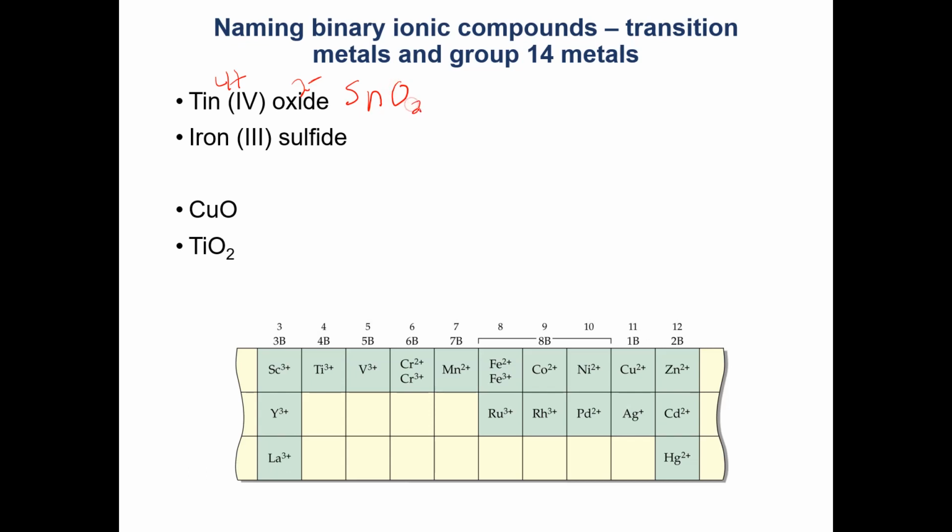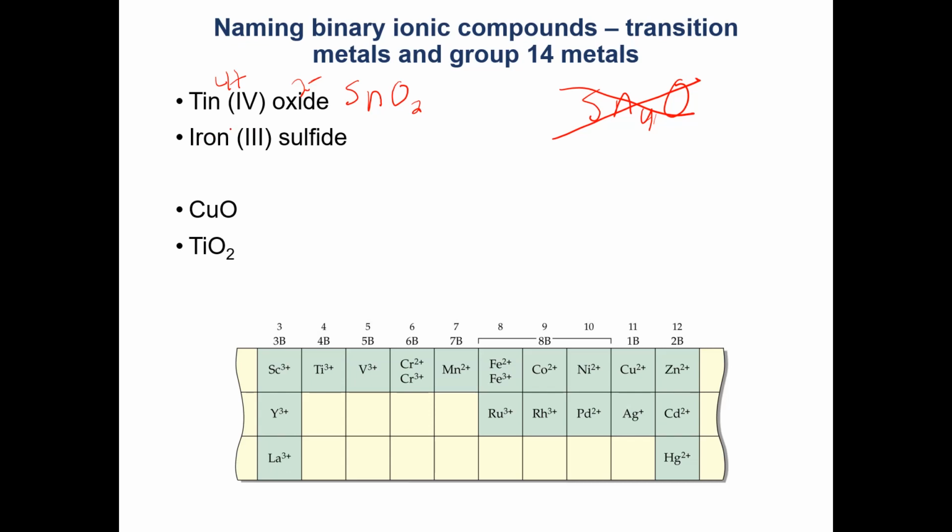We need 2 oxygens to balance that 4 positive charge, so it would be SnO2. You would not write this as Sn4. Okay? That would not be correct. The Roman numeral is not telling you that there's 4 tins, it's telling you there's a 4 positive charge. Okay, so I stress that because that's very easy to get confused about.